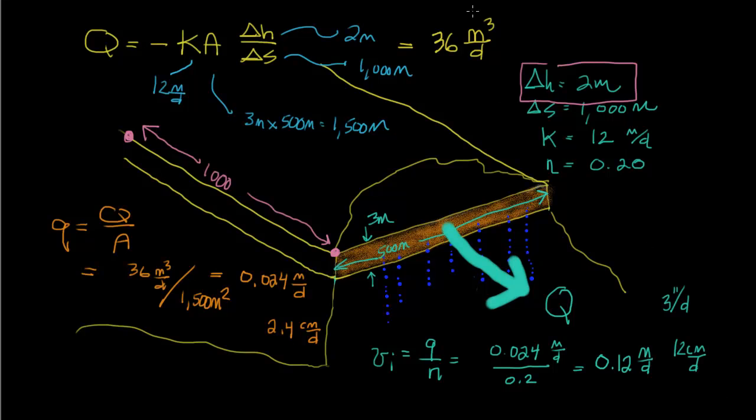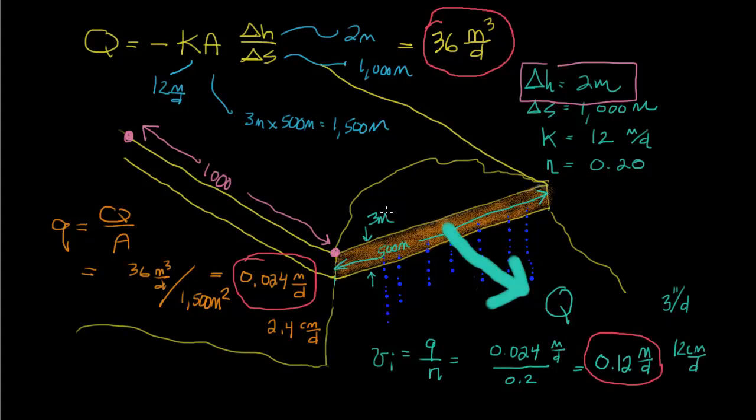So to conclude our little exercise, we can calculate from this problem that the discharge of groundwater through the exposed face is 36 cubic meters per day. We might use that to calculate how much water this seepage could provide. We can also express that as a specific discharge of 0.024 meters per day, or we can express this as a velocity that a water molecule would move, and that is 0.12 meters per day.